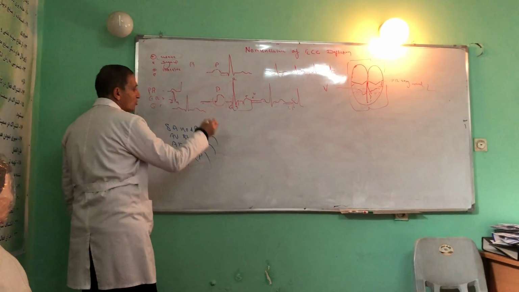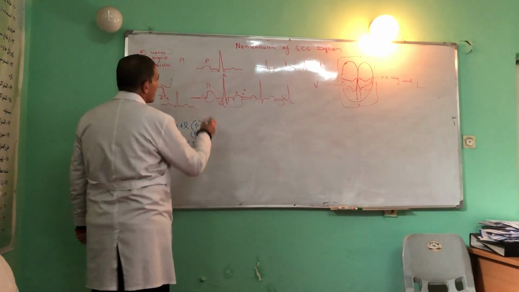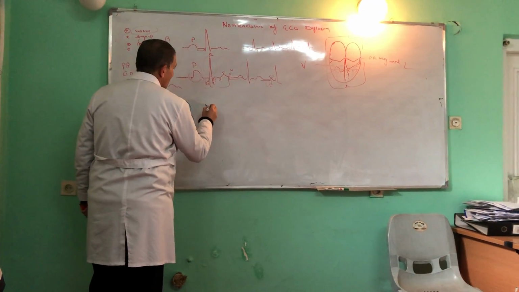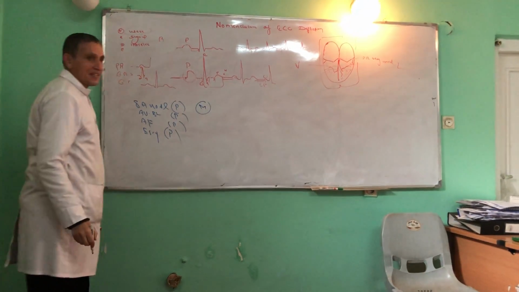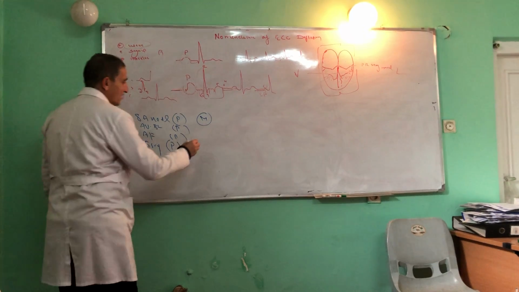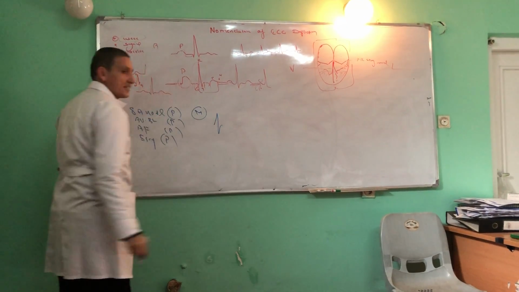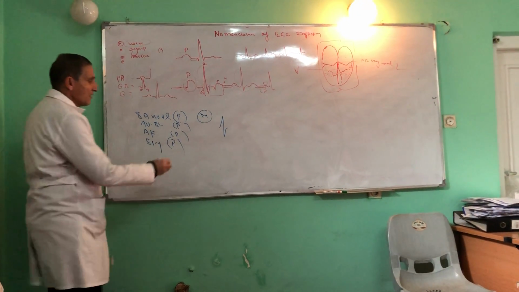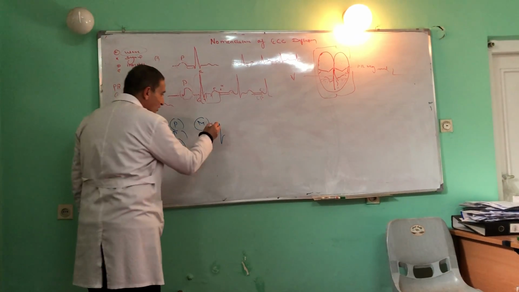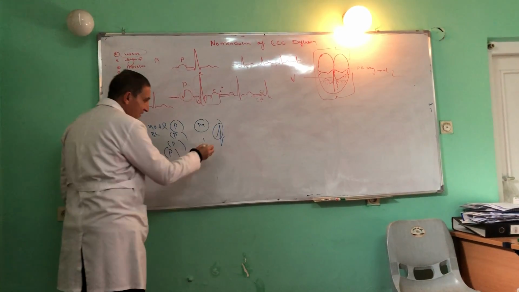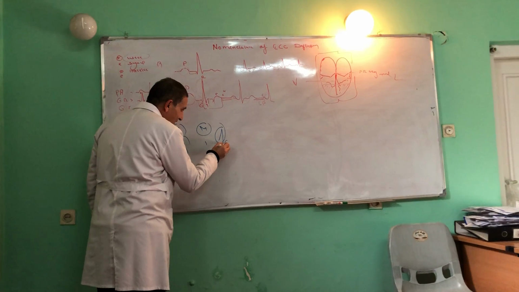For example, in people who have mitral stenosis, the P wave shows an M shape. In some other cases, the P wave may be biphasic, like this. In case of pulmonary hypertension, this first wave represents the right atrium, and this second wave represents the left atrium.